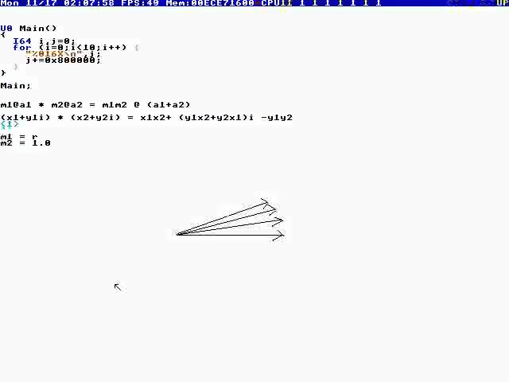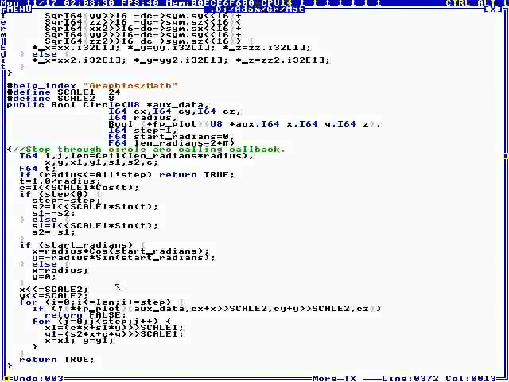Okay, so this angle is, oh, you know what? I think we want the other. We want cosine x plus i sine x. So this is multiplied by. Okay.